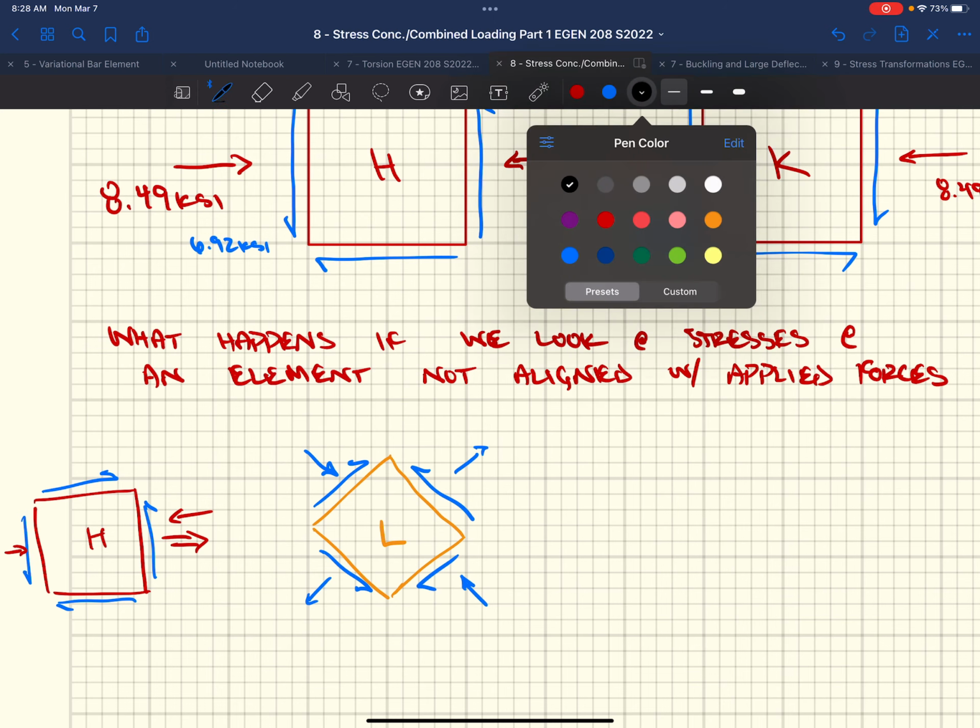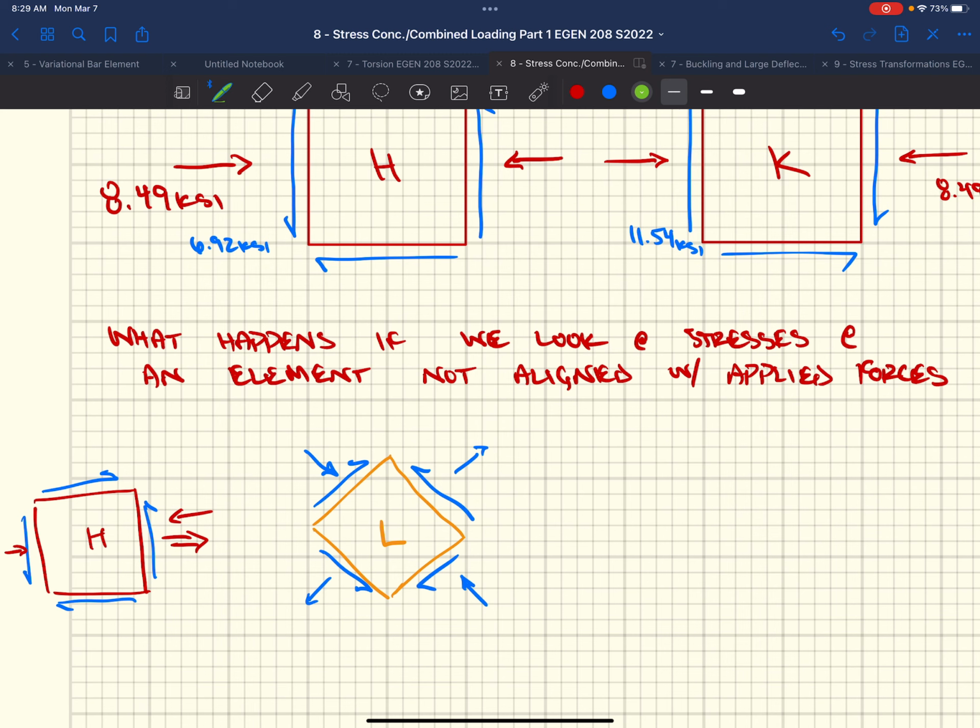But overall, our original forces that were on H before have to essentially be acting on L, right?